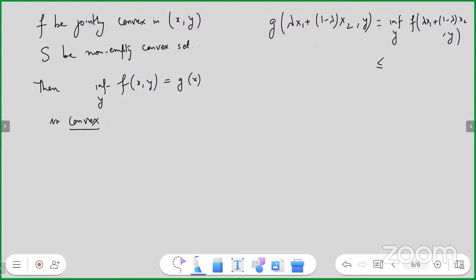We can use any value. Let me proceed and we'll see the problem. So let me just use lambda y1 plus 1 minus lambda y2 for some y1, y2. This is also a valid choice because S is convex.